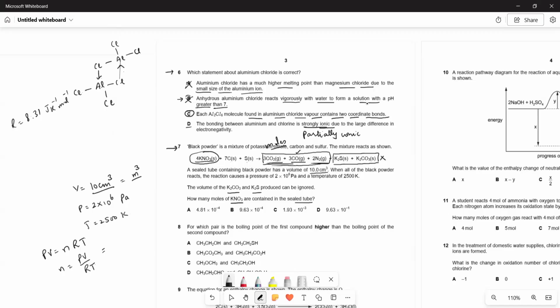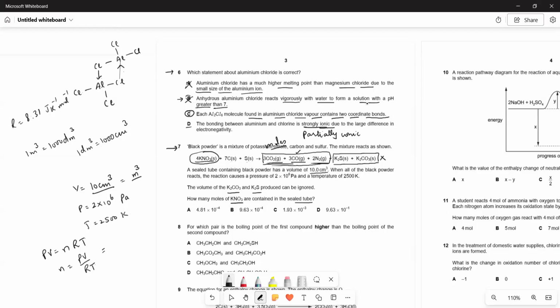How many times? We know that 1 cubic meter is equal to 1000 dm cube, and 1 dm cube is equal to 1000 cm cube. So cubic meter is 1000 into 1000 times greater than cm cube, right?